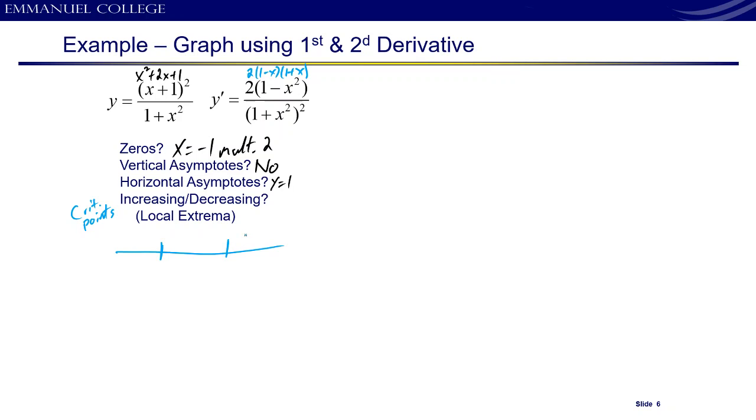So if I look between -1 and 1, so remember this is for f prime, if I plug in 0 to the derivative, I get 2 times 1 over 1, so it's positive. And then if I plug in, let's say 2, so this was x equals 0, we'll do x equals 2, and x equals negative 2.